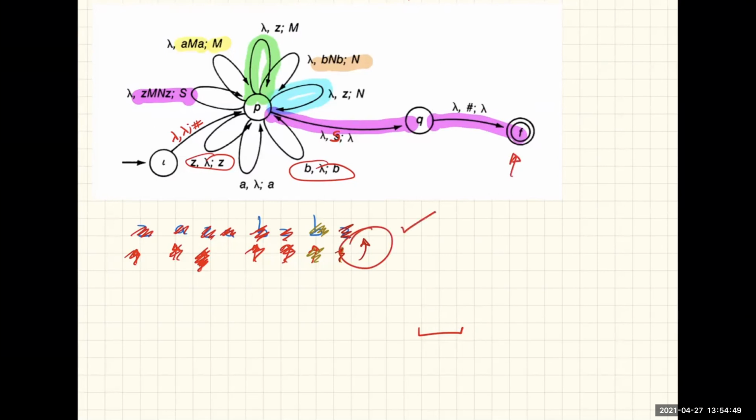So this is the other way this push-down automata can recognize a string. So we have seen two different ways. In one way, we start by consuming symbols only when we have it at the top of the stack.